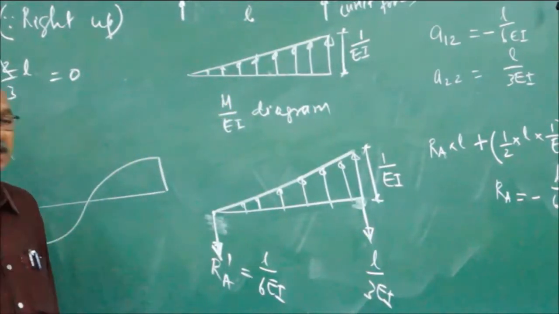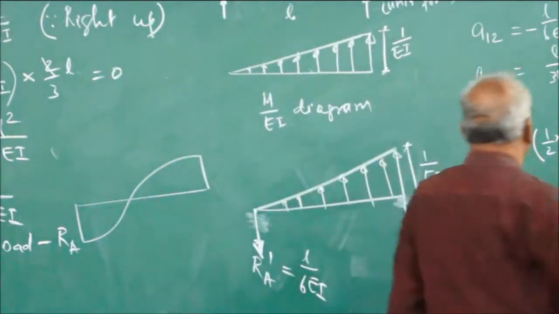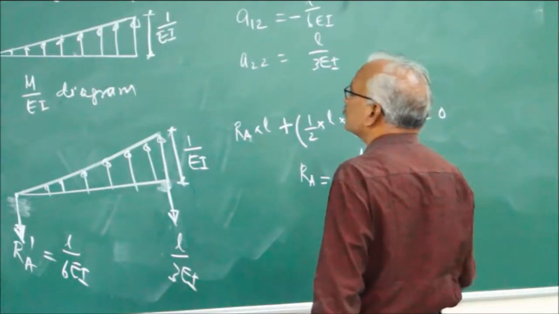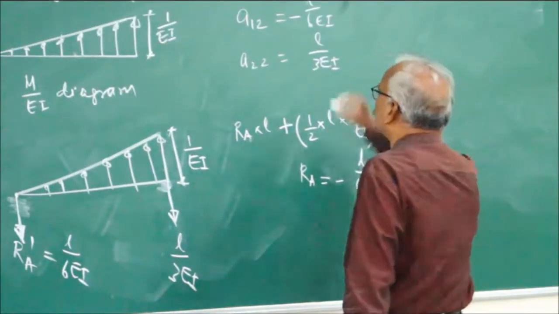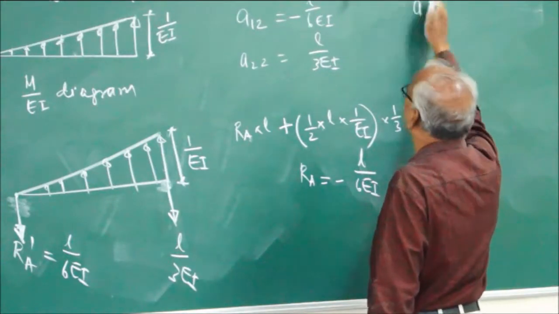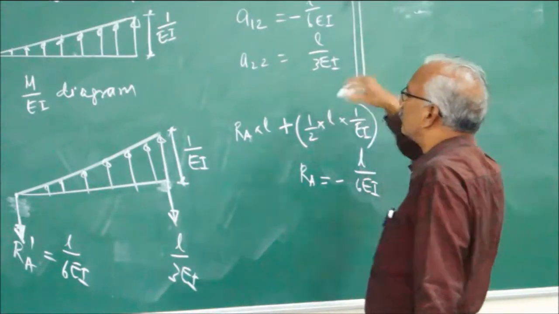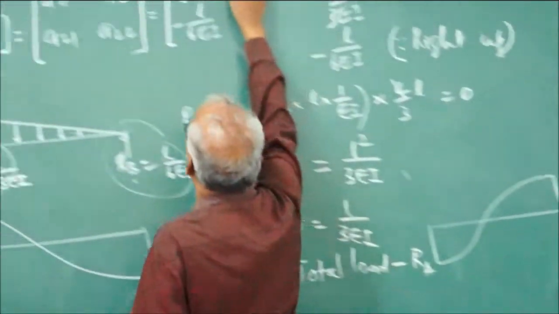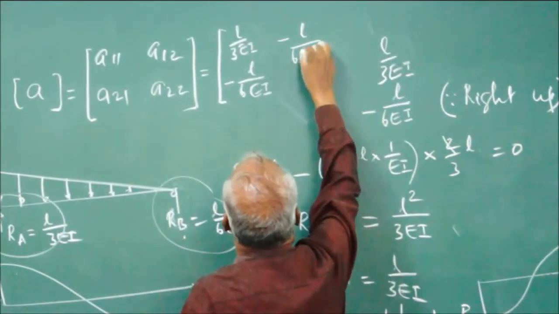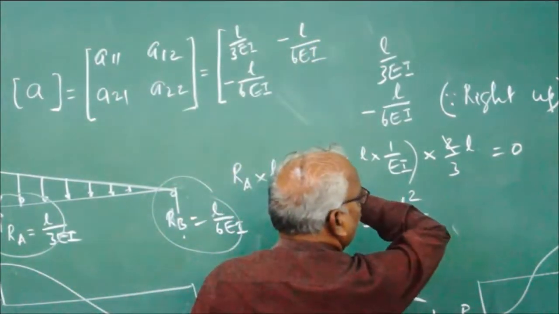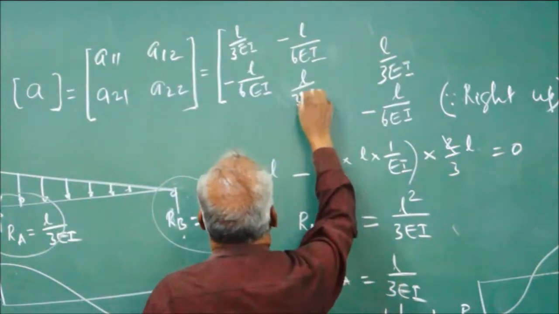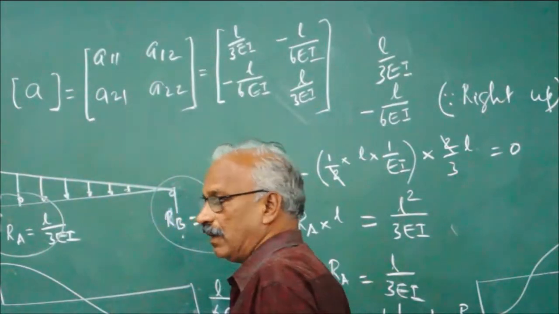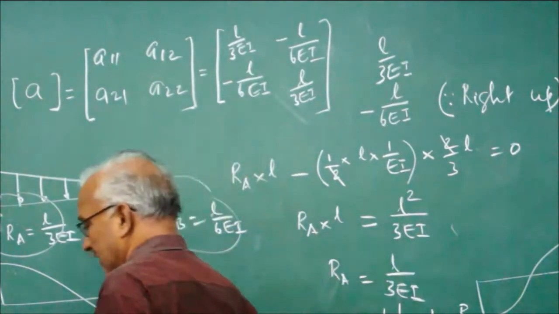Left up, right down is positive. Therefore, it is L by 3EI.